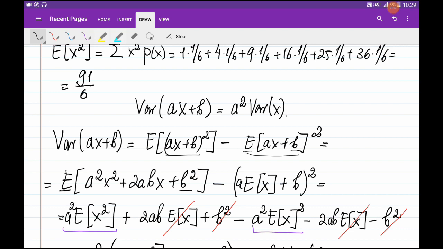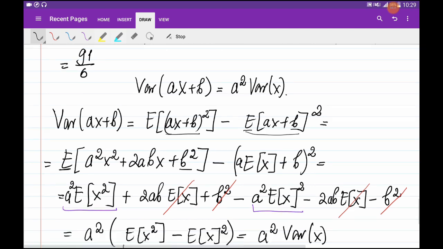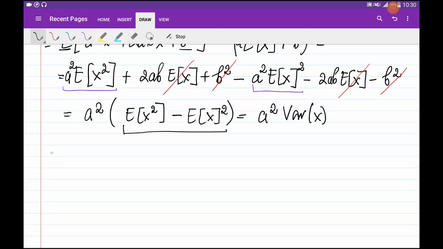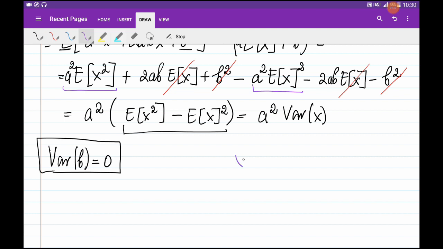We can discuss why the variance of a constant is equal to 0. This is another rule which can be explained very intuitively. Let's assume I've got a random variable X which always takes the same value, which is b. On the first trial it gave me b, then b, then b, then b, and so on.